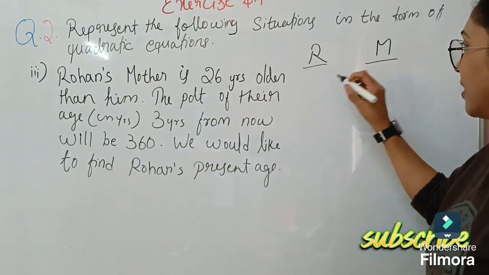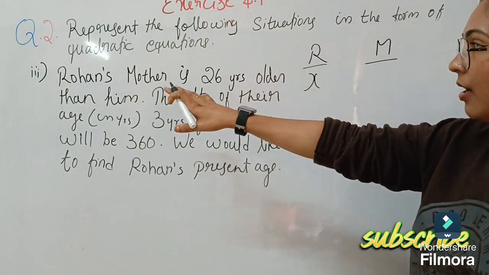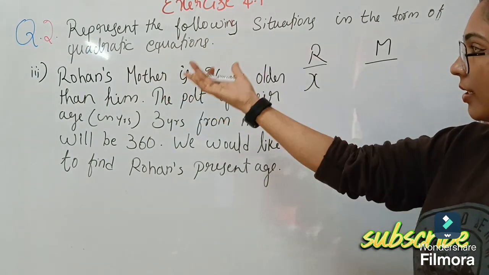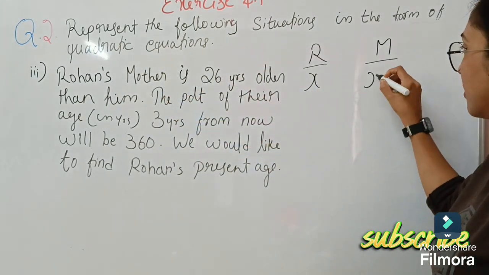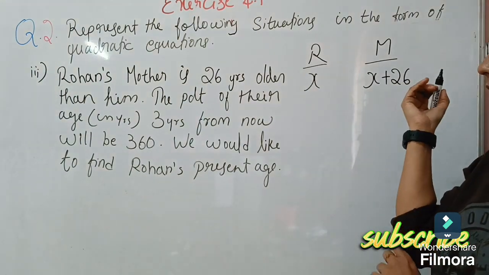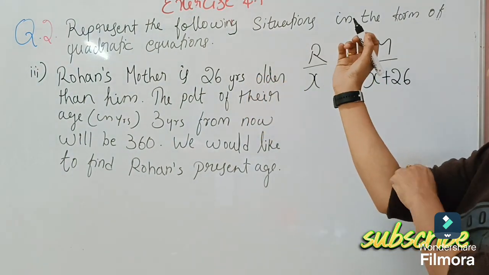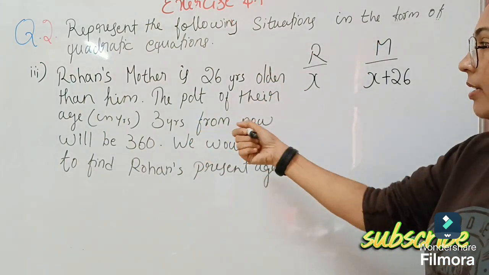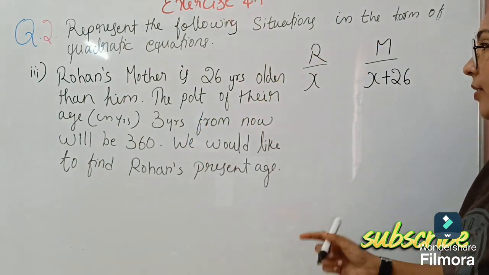Suppose Rohan's present age is x, then Rohan's mother is 26 years older than him, which means his mother's age is x plus 26. And in the question, the product of their ages 3 years from now will be 360.